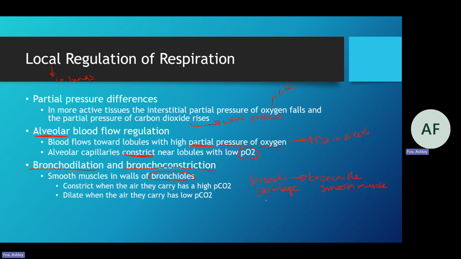With that smooth muscle, we can either constrict or dilate based on what's happening in the lungs. So the bronchioles can constrict when it's sensed that there's a high partial pressure of carbon dioxide. So they can actually get smaller.